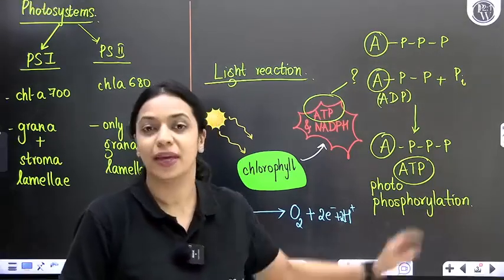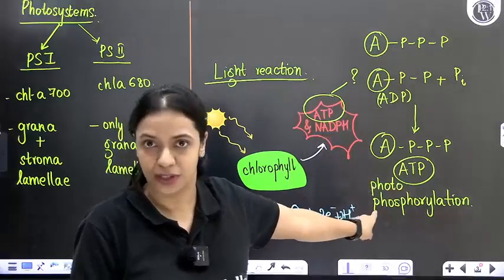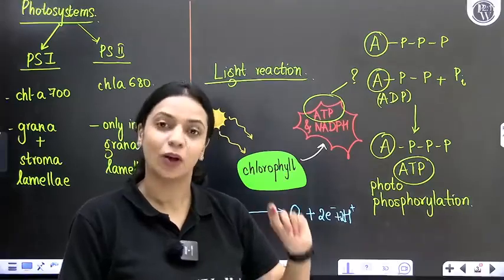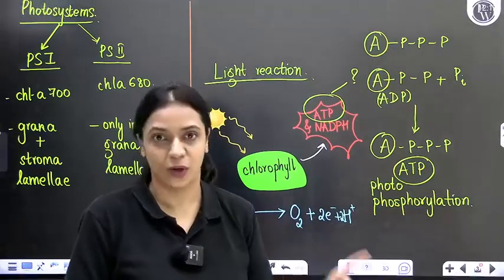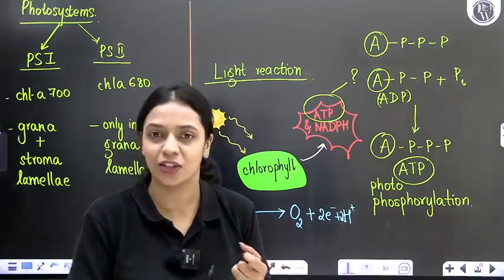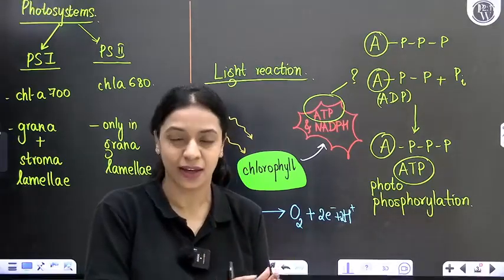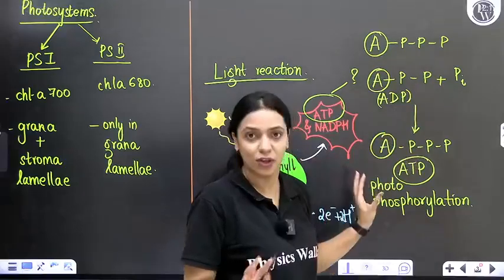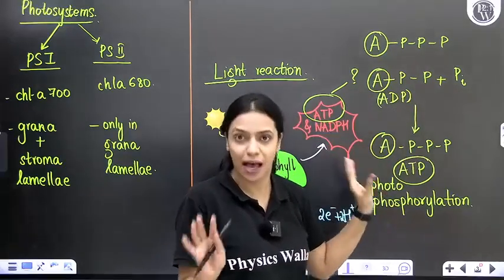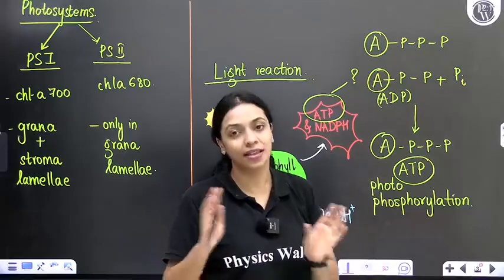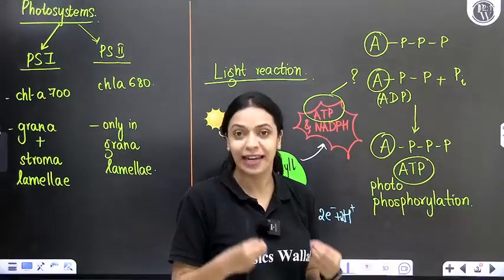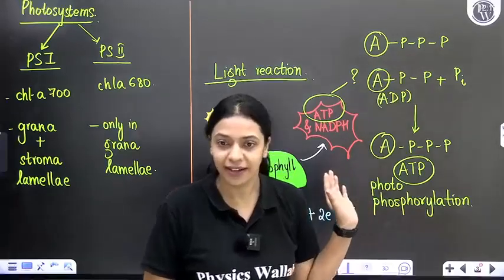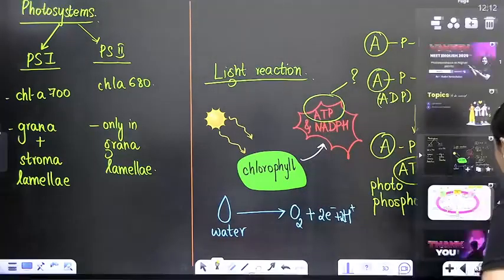Whenever ATP is forming in the chloroplast, as in the case of photosynthesis, by making use of the sun's energy, we call that process photophosphorylation. I repeat, phosphorylation is the process by which ATP is forming from ADP and inorganic phosphate. If this process happens during photosynthesis in the chloroplast by using the light's energy, we call it photophosphorylation. Alright?